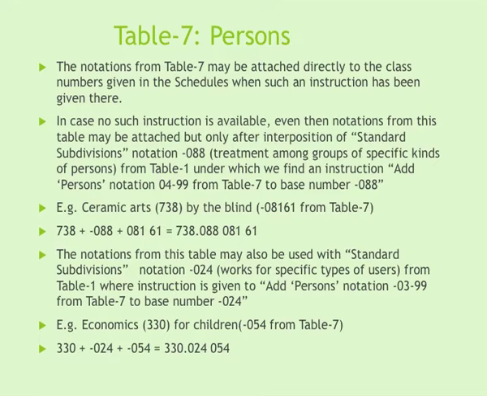So, the complete number will be 330.024 054 for children. This is how we can attach table 7 number through 024 also, and 024 is used when the subject is particularly for a specific class of persons.